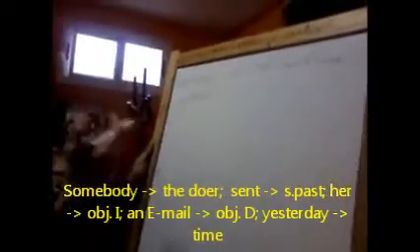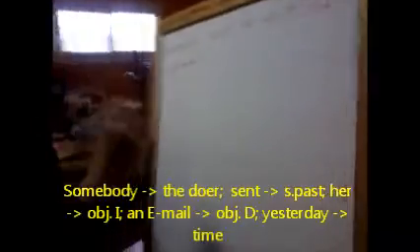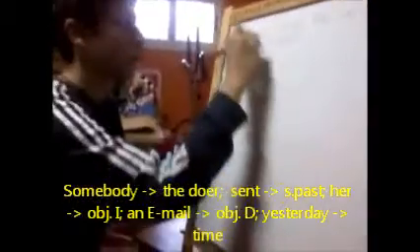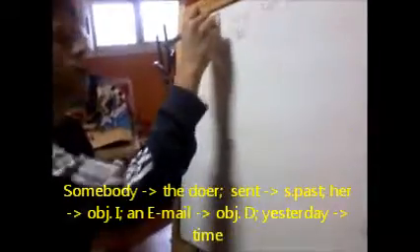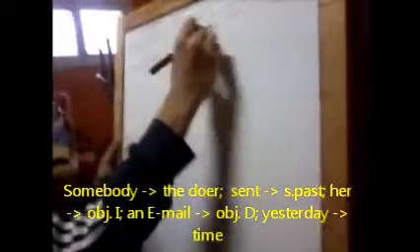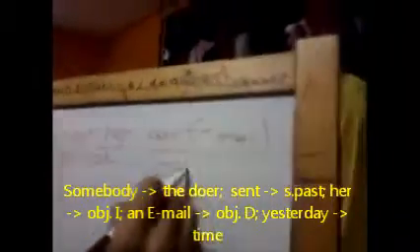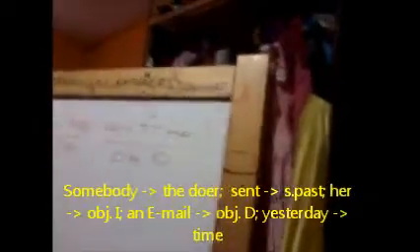In this phrase, somebody is the doer, the subject. Sent is the main verb in the past. Her is an object. An email is an object, but a direct object. And finally, yesterday is the time.